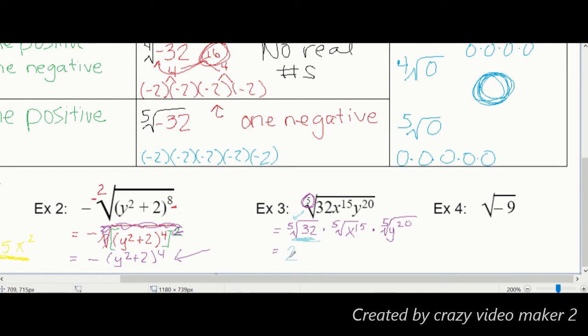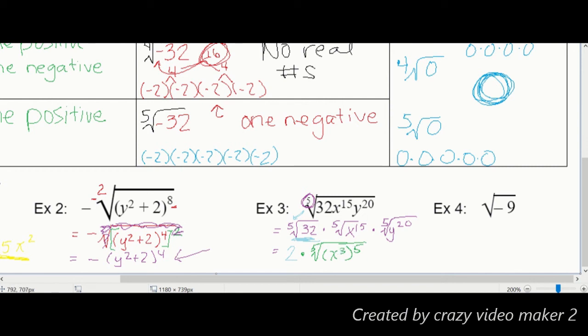The next part we have is this 5th root of x to the 15th. Let's still take our 5th root, but we want to cancel this 5th root out. So 15 divided by 5 gives us what? 3. So that means now I can cancel out this 5 and this 5, leaving me with x to the 3rd.